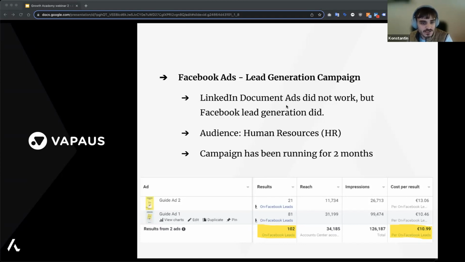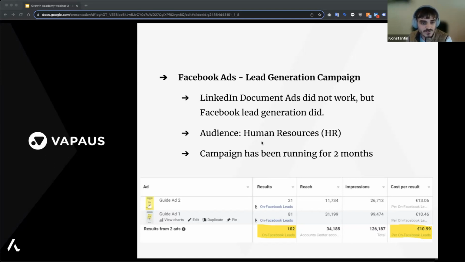People click, and for Vapels it actually worked, with people going on the landing page. They went on the landing page and filled it out there, but we also had another variant. As you see in the bottom examples, there's good at 1 and good at 2. Both brought leads, but the one with the landing page brought the most.